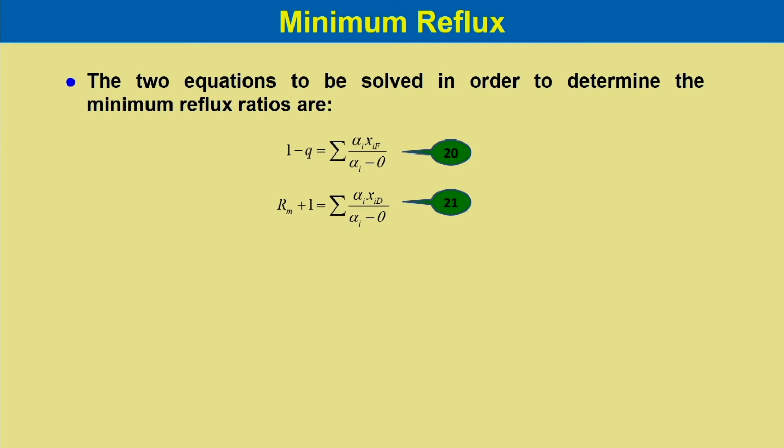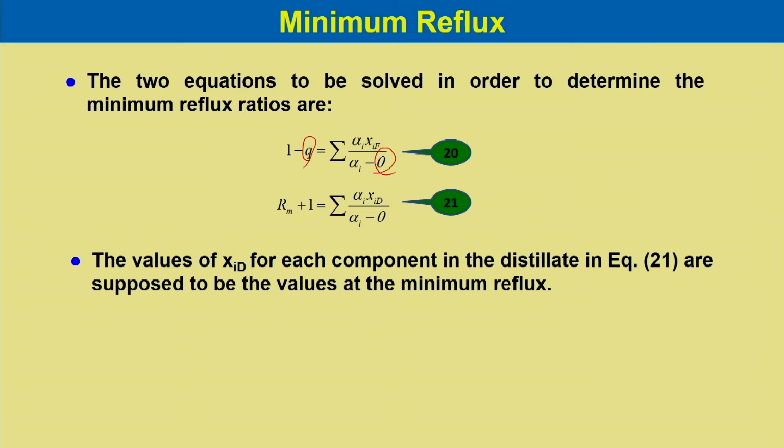Another one is Rm plus 1 equal to summation over alpha i x_id divided by alpha i minus theta. Here q is the feed condition fraction and theta is a parameter.